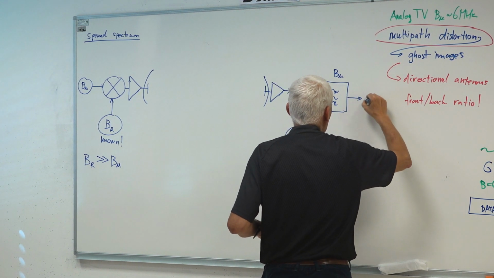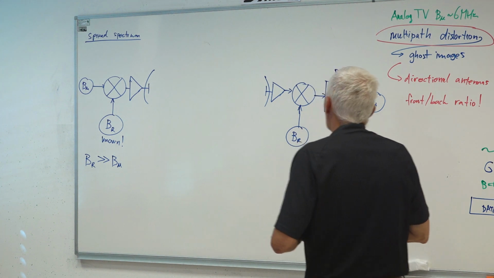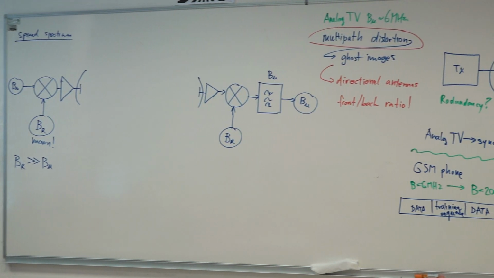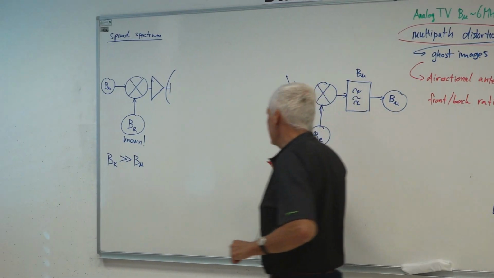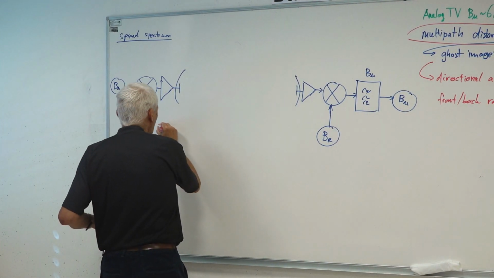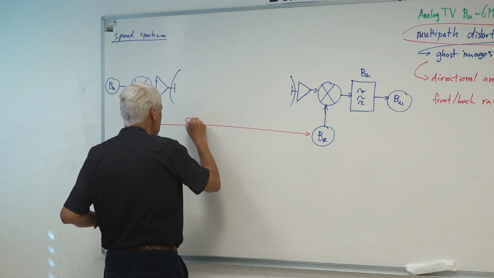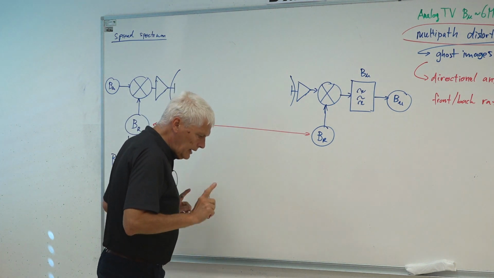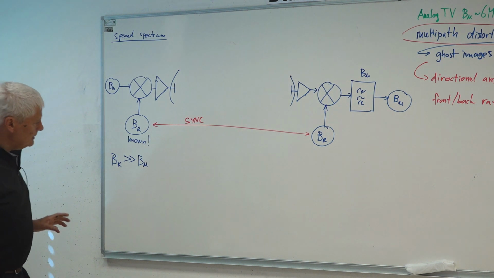And here we get the B user out. What is the trick right now? In order for this system to operate, we have to provide an accurate synchronization between these two broadband sources BR. So we need sync here. We need very accurate synchronization here.